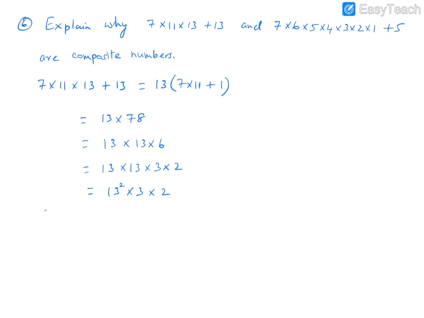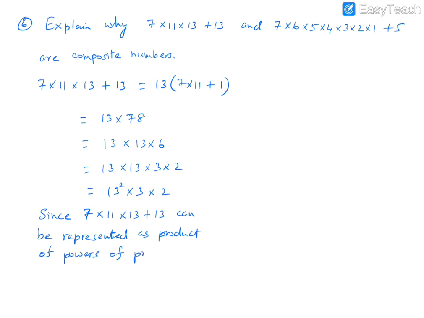So we can say that since 7 into 11 into 13 plus 13 can be represented as a product of powers of prime factors, it is a composite number.